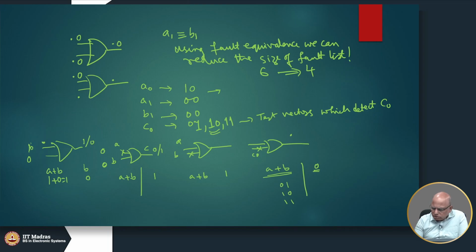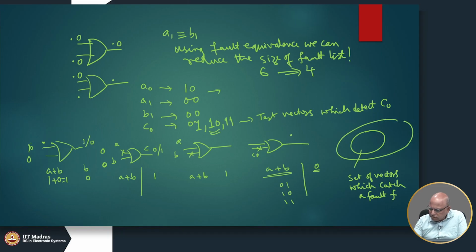Okay. So, in other words, suppose this is a set of vectors which catch a fault f, and let us say here is another fault g. Okay. So, this is a set of vectors which catch fault g.